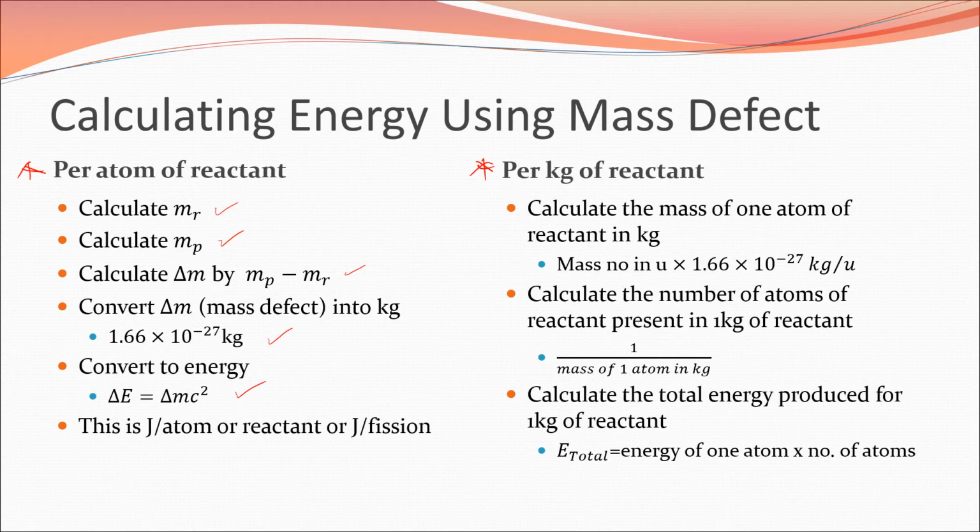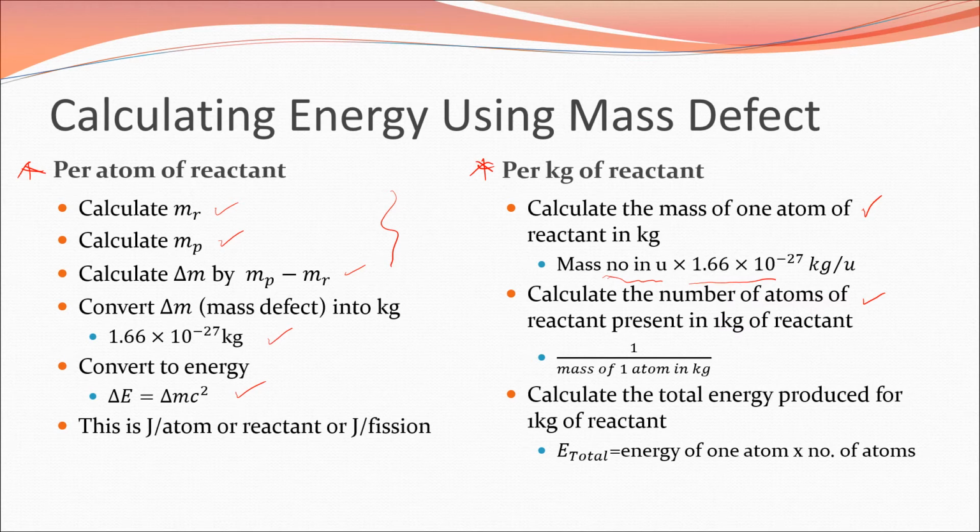Per kilogram of reactant, calculate the mass of one atom. So the mass number in atomic mass units, that's like what we were doing in the first part over here, but we're doing that conversion back here at the start. Calculate the number of atoms of reactant present in 1 kilogram of reactant.